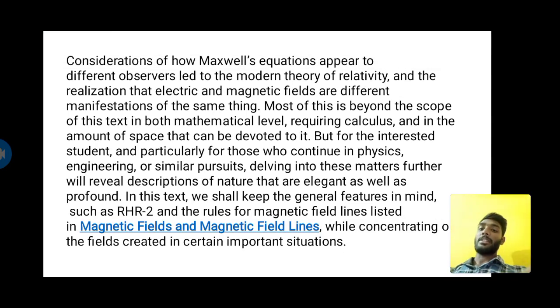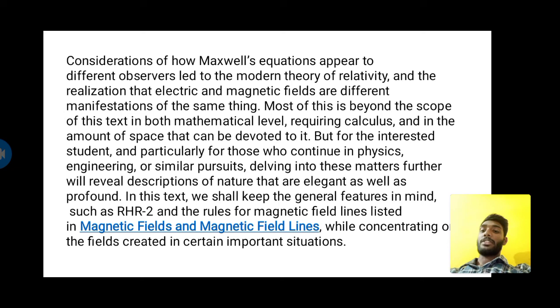Consideration of Maxwell's equations as seen by different observers led to the modern theory of relativity and the realization that electric and magnetic fields are different manifestations of the same thing. Most of this is beyond the scope of this text, both in the mathematical level, requiring calculus, and in the amount of space that can be devoted to it.